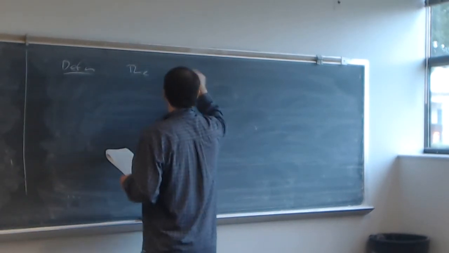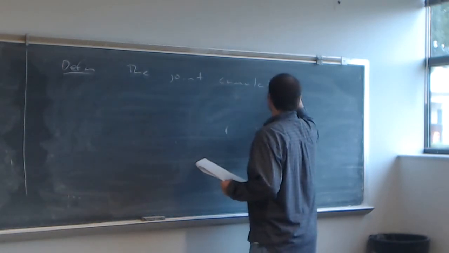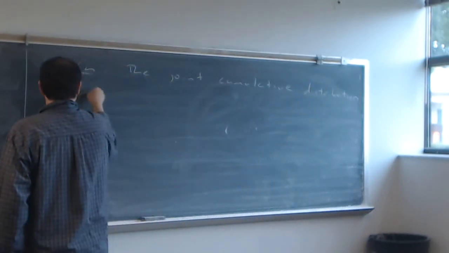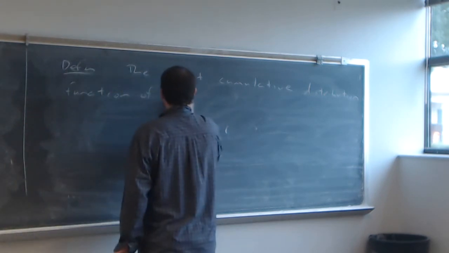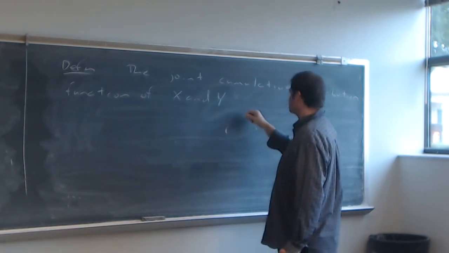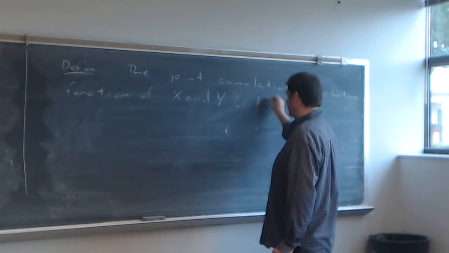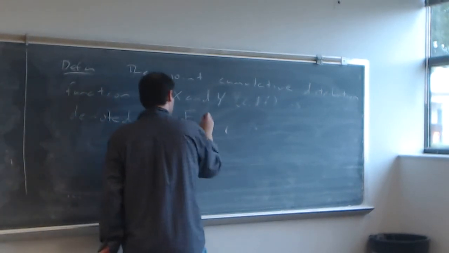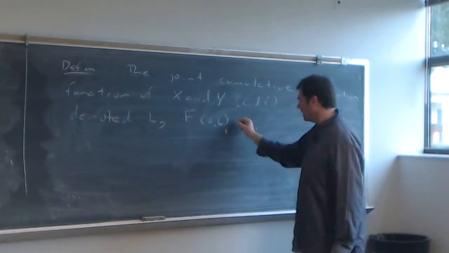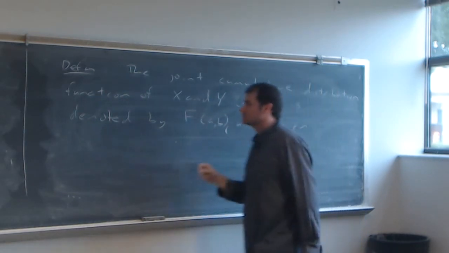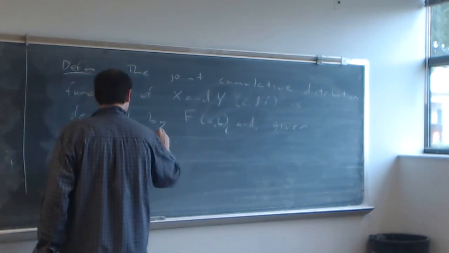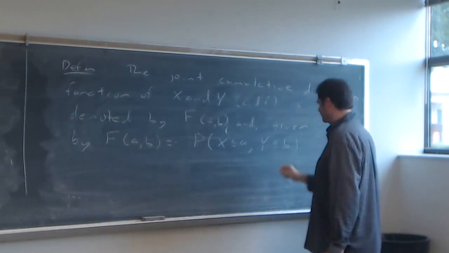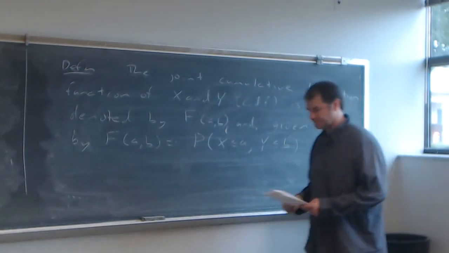The joint cumulative distribution function of x and y, abbreviated as joint CDF, is denoted by big F of A comma B, and is given by big F of A comma B equal to the probability that x is less than or equal to A and y is less than or equal to B. So that's its definition.